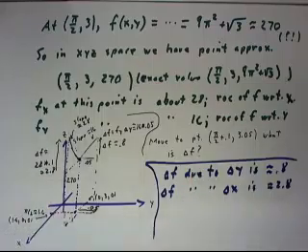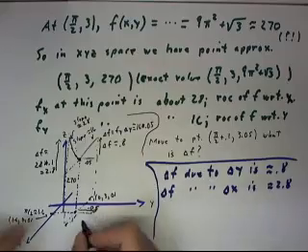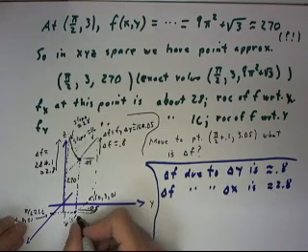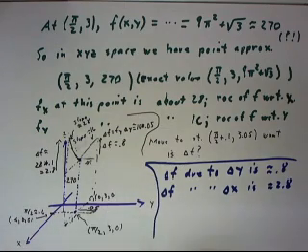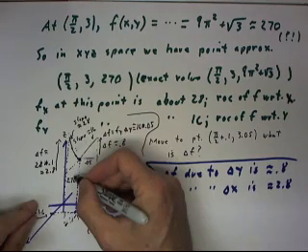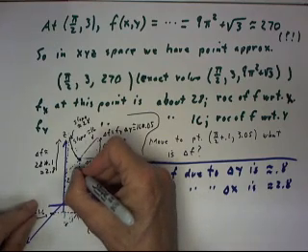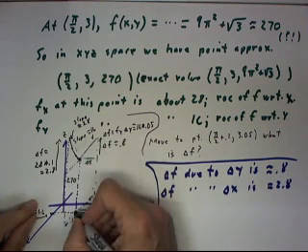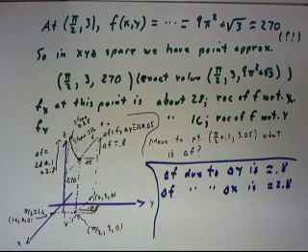Giving rise to this picture where we start at the point, let's clarify, this would be our point pi over 2, 3, 0. We get a function value of 270, which is the distance from the xy plane up to the graph point.